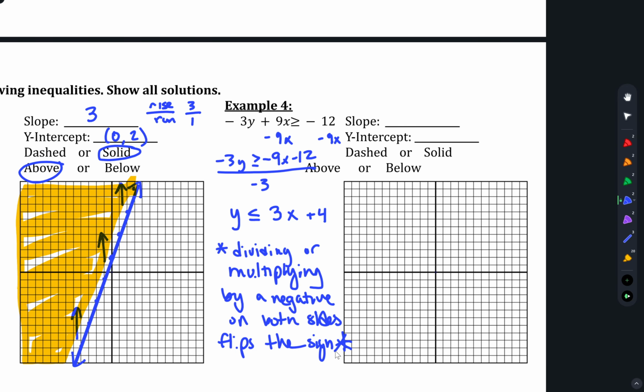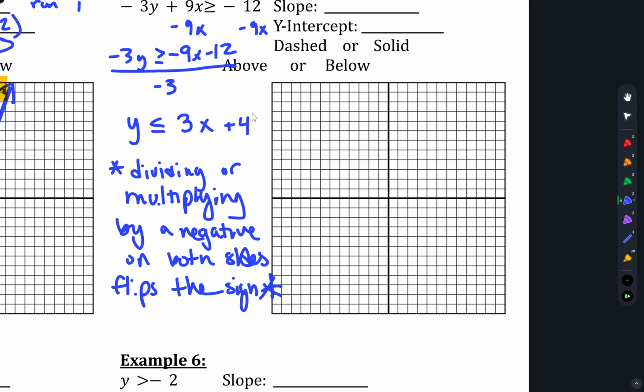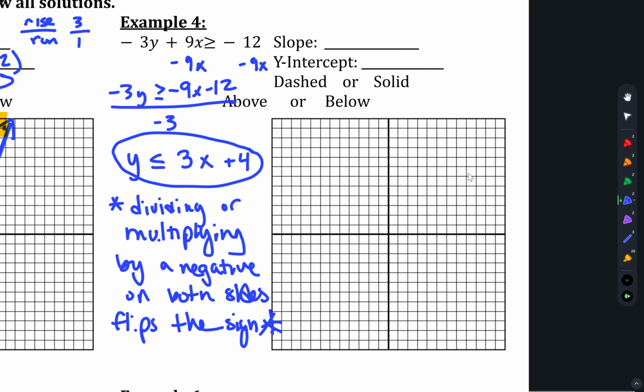Write that rule down. It's been a couple units since we've seen it, but you cannot forget that when we divide or multiply by a negative number on both sides, we need to flip that sign to face the other way. So instead of greater than or equal to, now it says less than or equal to. This is really going to change the way your graphs look.